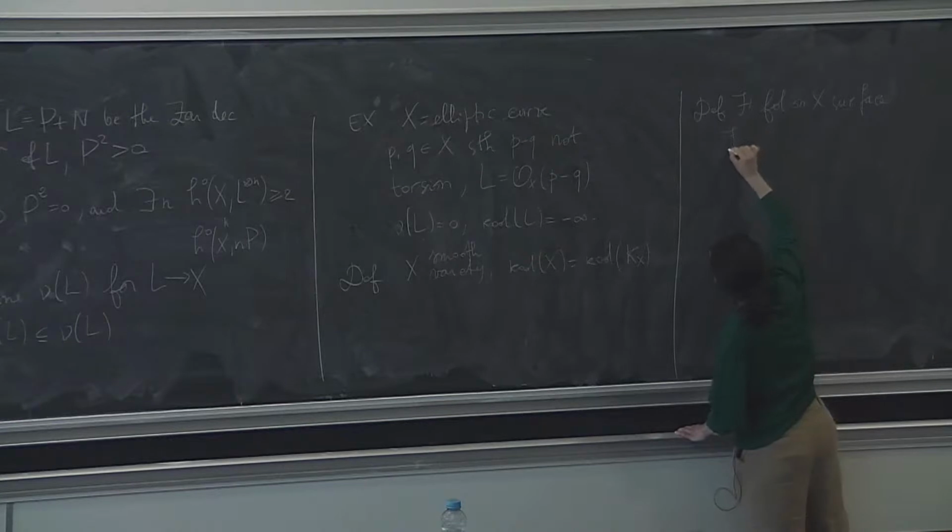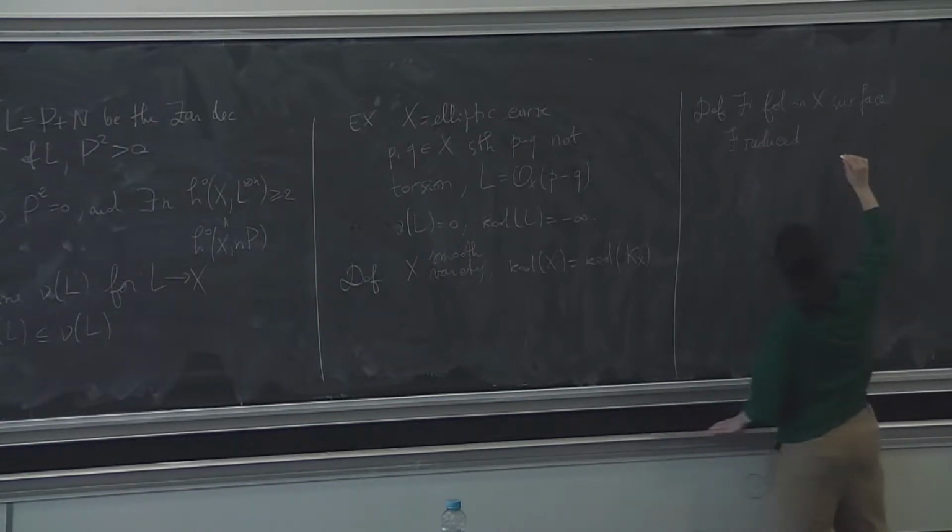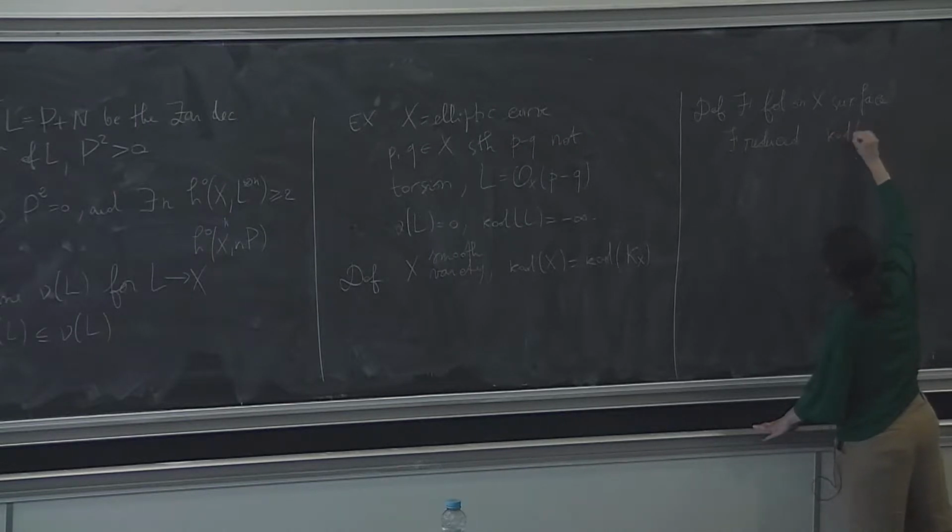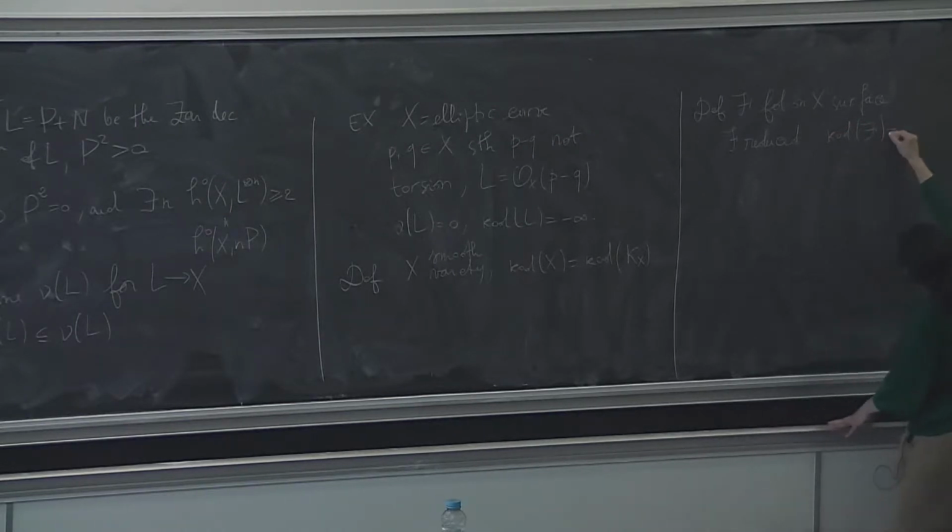So if F is reduced, then we define the Kodaira dimension of F as the Kodaira dimension of its canonical bundle.